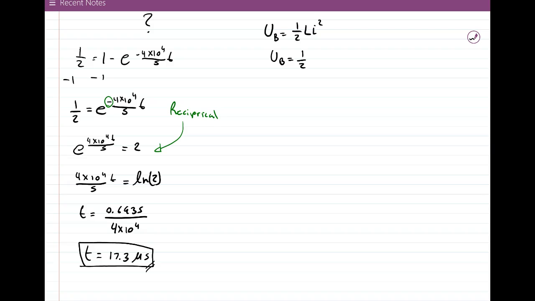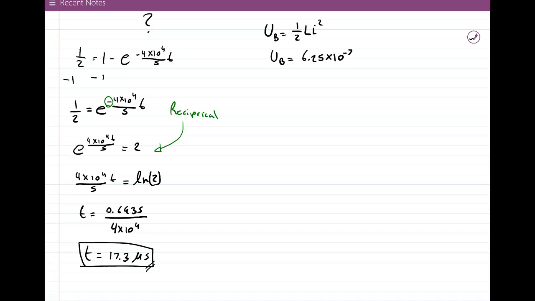So 5/4 milli. So that's going to be 5/8 milli, 0.625 milli. So 6.25 times 10 to the minus 7. That's 1/2 times L. And that's Henrys times amps squared, which is energy in joules.